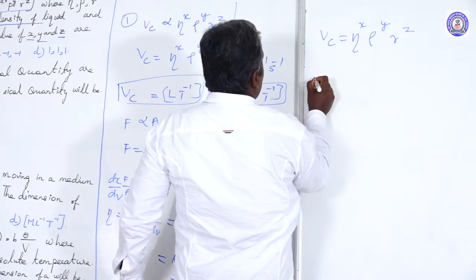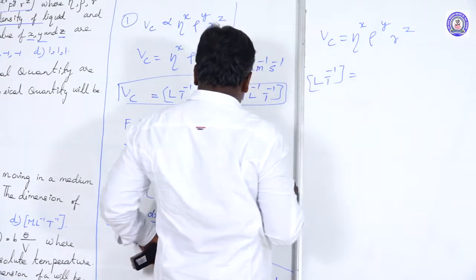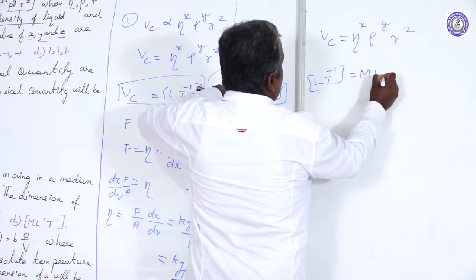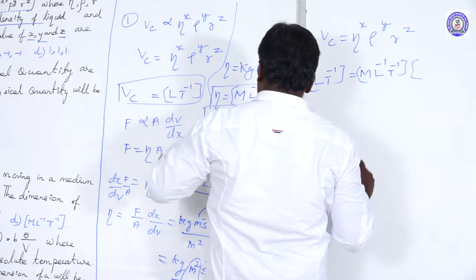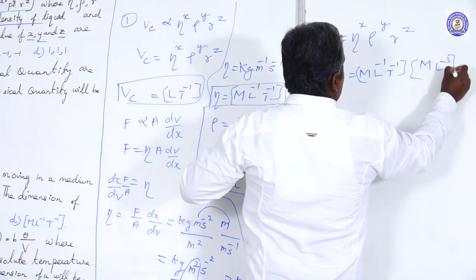For Vc, L T power minus 1. For eta, M L power minus 1 T power minus 1. For rho, M L power minus 3.